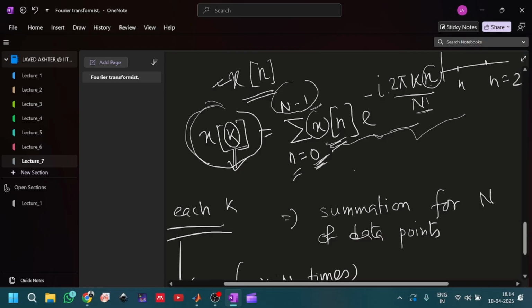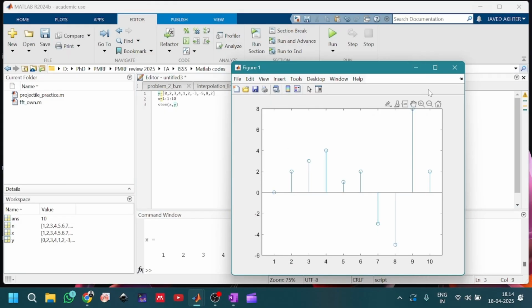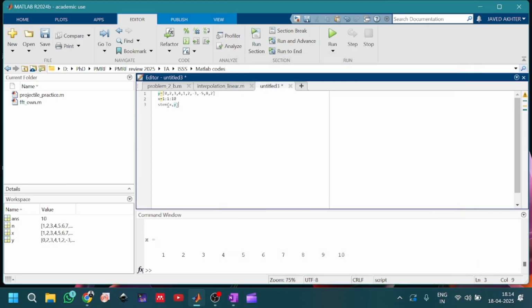So you want to run a loop. For a particular value of k, you have to run this loop, and you will also have to run a different loop for k also. So let me run the loop for k first. So for k to be from 0 to n minus 1.